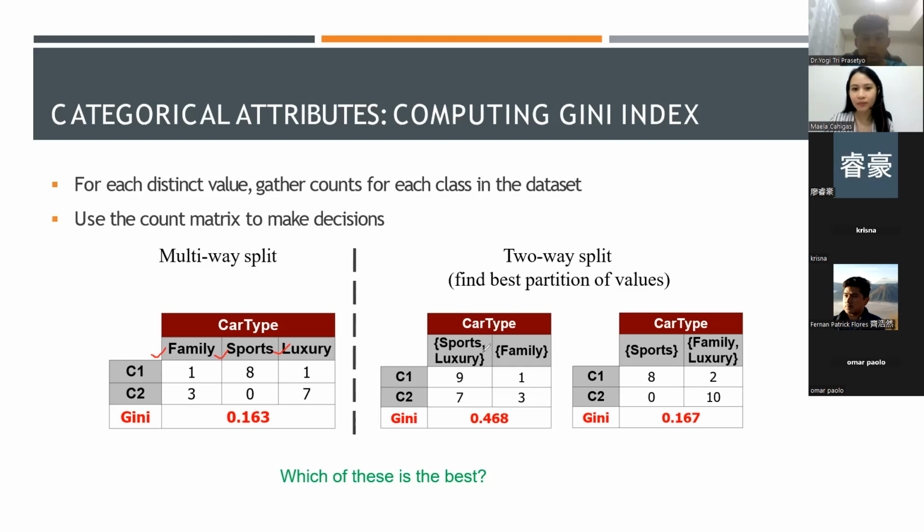We can also combine sports and luxury versus the family. So in the decision tree, it will be like this: three branches for this one, two branches for this one, and also two branches for this part. And we can calculate it by using the same formula again. So 1 minus, we'll calculate the total first.